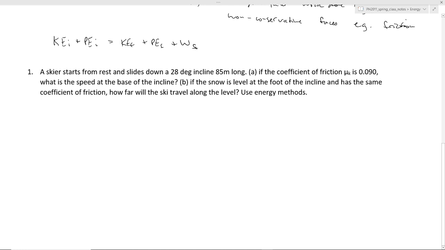Before, we could have looked at problems like this with kinematics. You could imagine summing the forces and finding the acceleration, and then you could use your formulas for velocity as a function of distance and acceleration to come up with the velocity and figure out how far it's going to go, etc. But we want to think about this in terms of energy, and in some ways it's a lot easier to keep track of, I think.